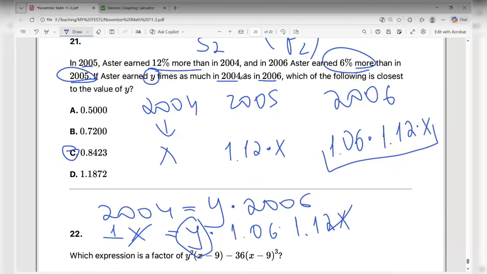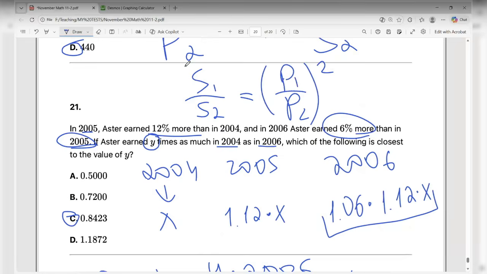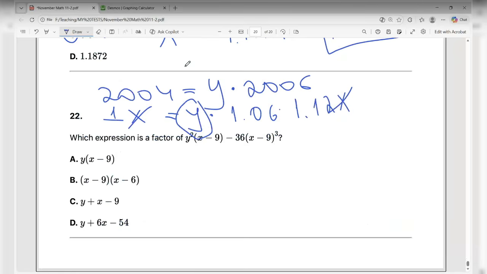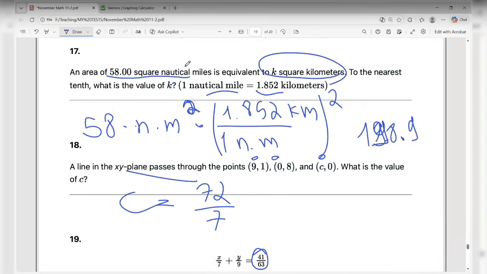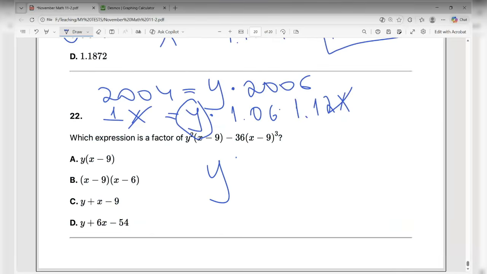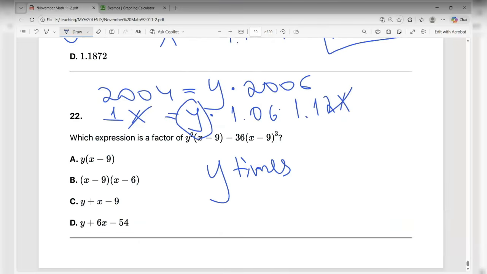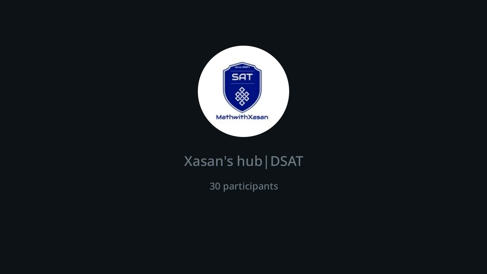Y times as much, if you guys create a template, for example, y times, let me write it on the whiteboard.